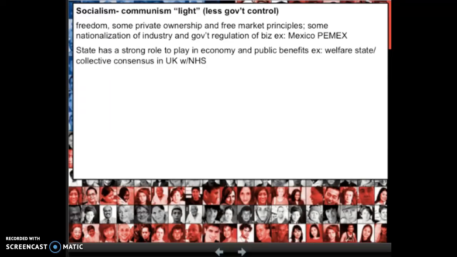So an example of that would be collective consensus under the UK, which collected the profits of certain industries and collected higher taxes, and then they established welfare programs to make sure that everybody in the UK was taken care of and had basic needs met. All right, and that example of a welfare state or a collective consensus program was the National Health Service.